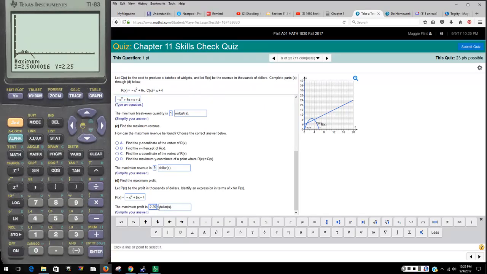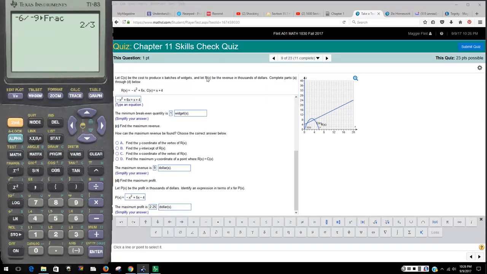Now, it's not $2.25, so here's what we're going to have to do. Remembering up here it says R of X and C of X are both in thousands of dollars. So our maximum profit is $2.25 thousand.